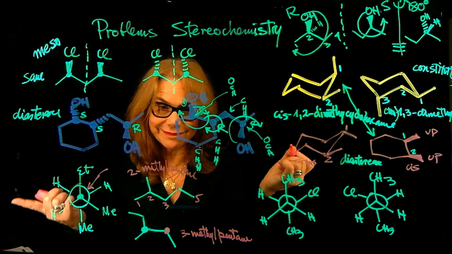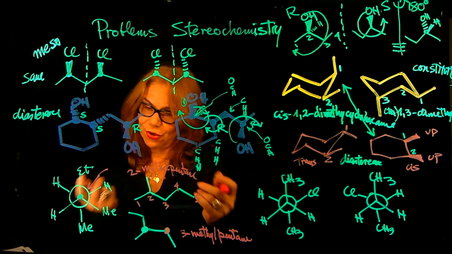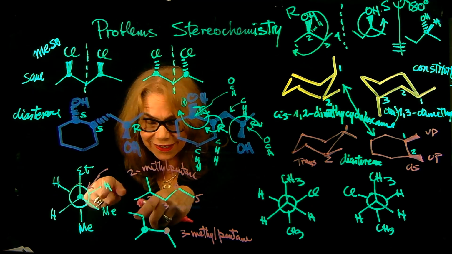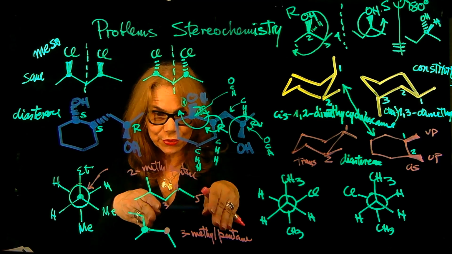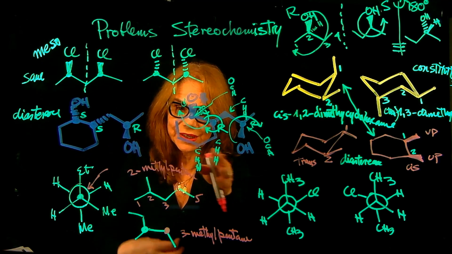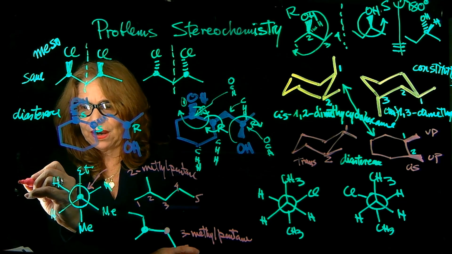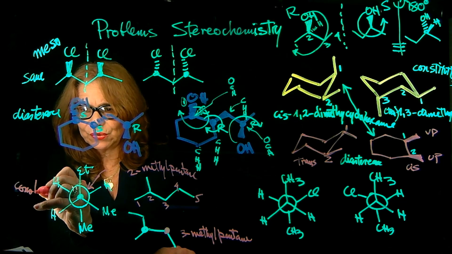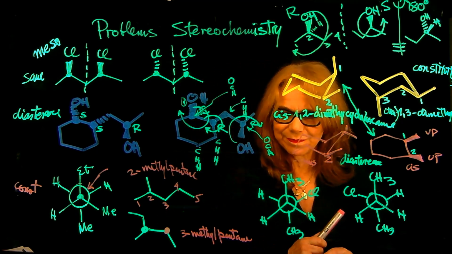So what are they? The connectivity is different, so they are constitutional. So if you have this kind of drawing, let's convert this from Newman to the line drawing. You can also do the other way around. But now we know connectivity is different, so they are constitutional.